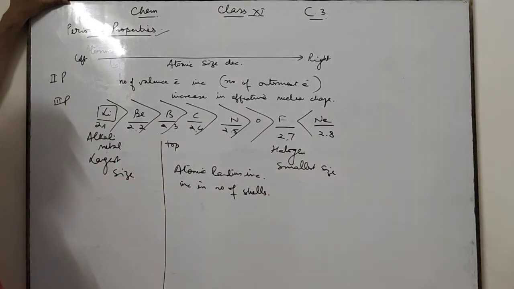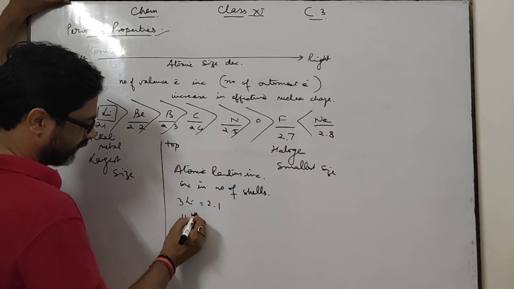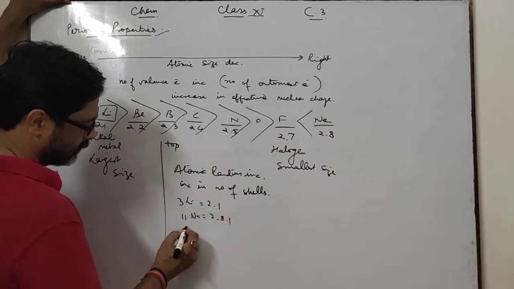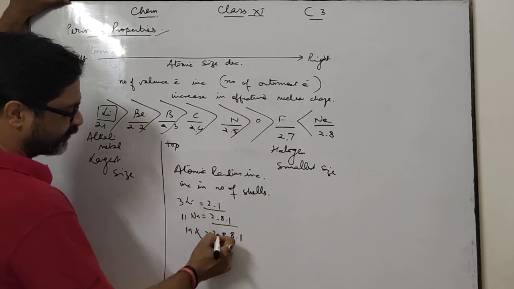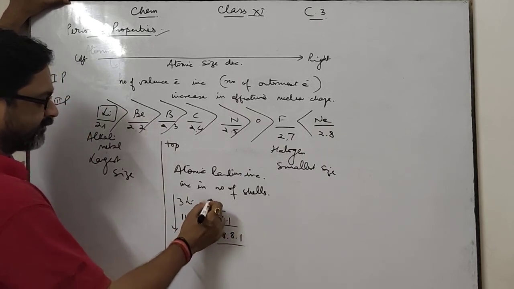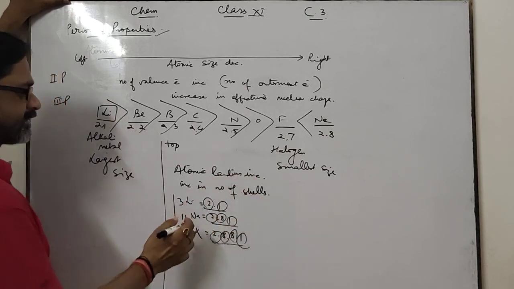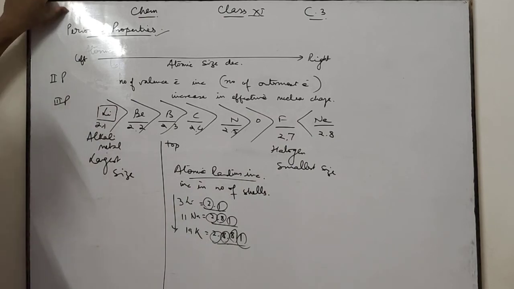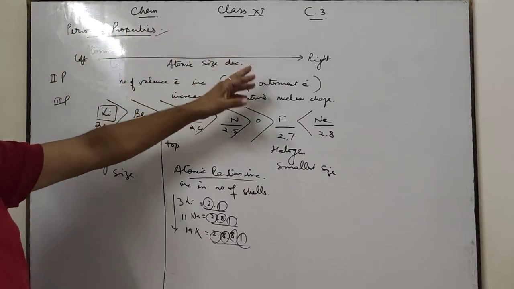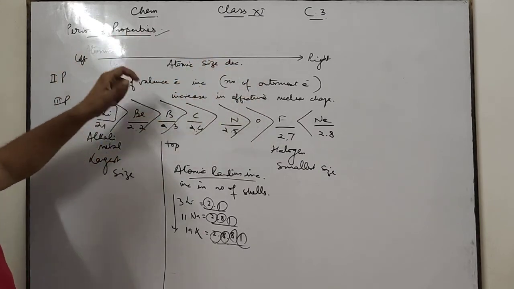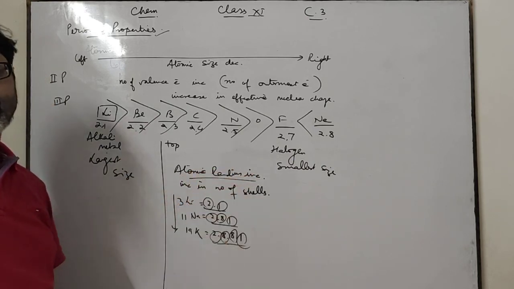Here 11Na is 2-8-1, 19K is 2-8-8-1. On going from top to bottom, the number of shells increases, which causes an increase in atomic radius. In this way, within any period, on going from left to right, atomic size decreases, and within any group, on going from top to bottom, atomic size increases.